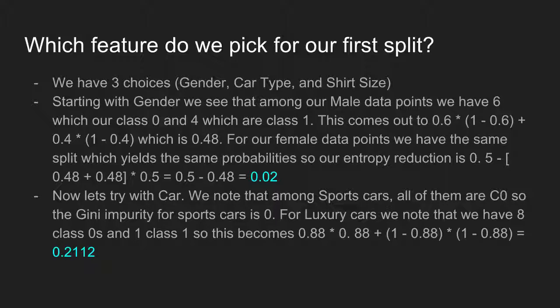What I'm doing here is taking each frequency, multiplying it by 1 minus that, and adding them all up. That's actually equivalent to summing the frequencies squared and then doing 1 minus that. So that's why now that I have this 0.48, I'm not doing the 1 minus that. And then for our female data points, we have the same split, 6 and 4, so that'll be 0.48 also.